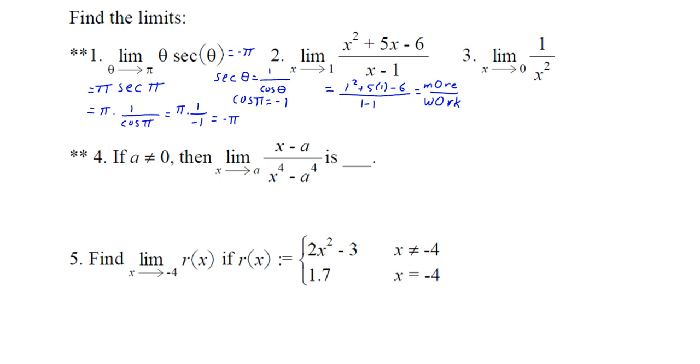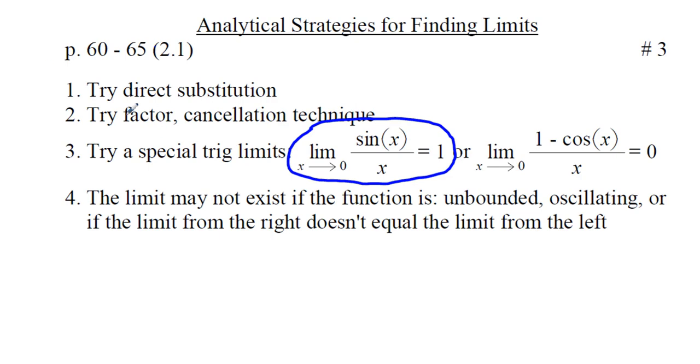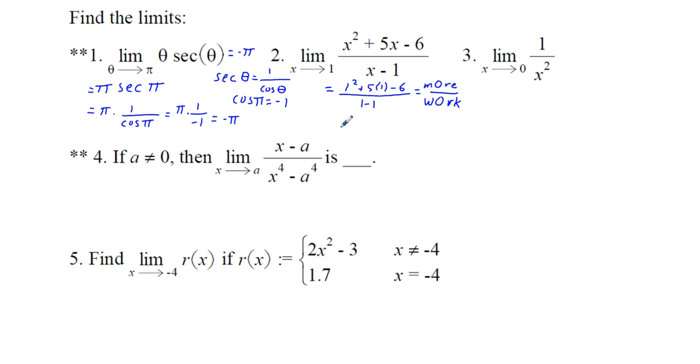And step 2 here is try factoring, then cancellation. So we're going to try factoring here. What I'm going to do is write out the whole thing. We're going to have the limit as x approaches 1, and then we're going to factor what's in the numerator.